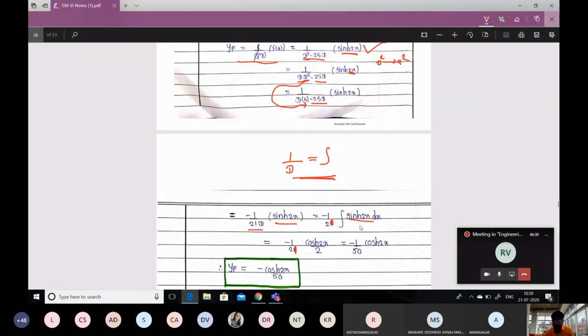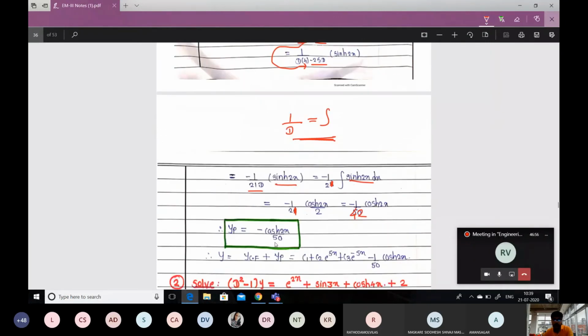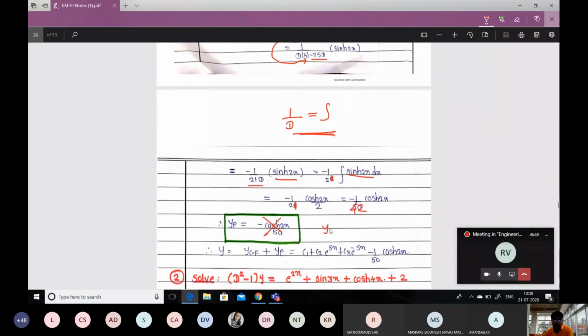What is the integration of sine hyperbolic 2x? It is cos hyperbolic 2x divided by 2, and this minus 21 into 2 will give us 42. So we get the particular solution yP equal to minus 1 upon 42 cos hyperbolic 2x.